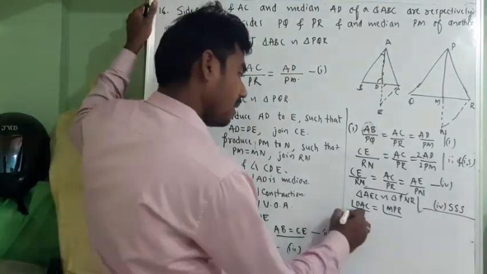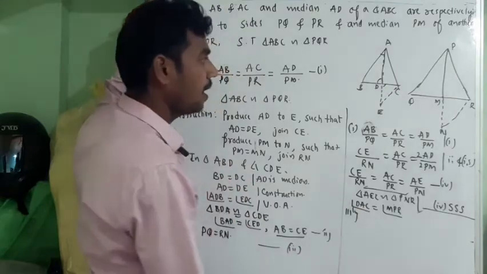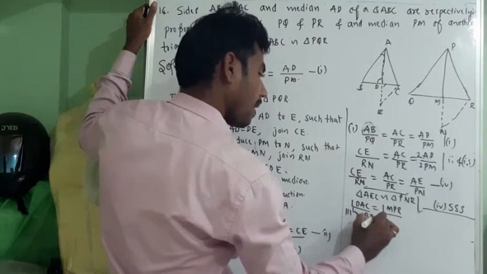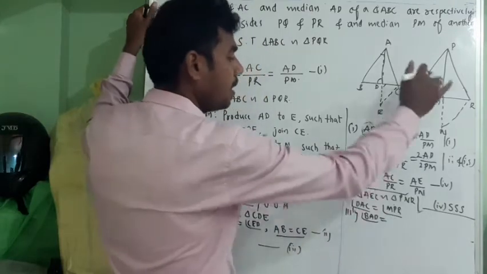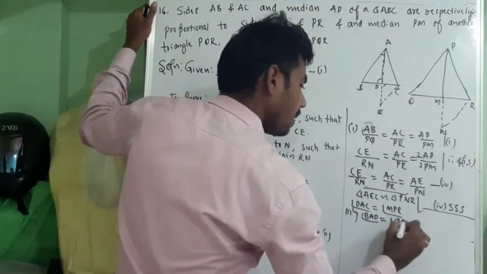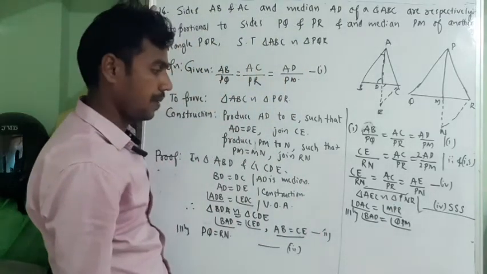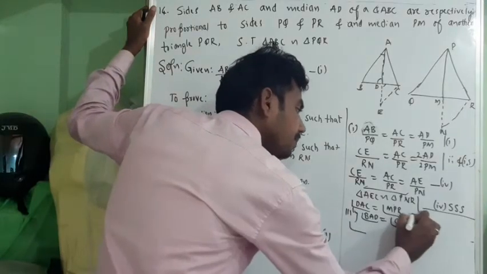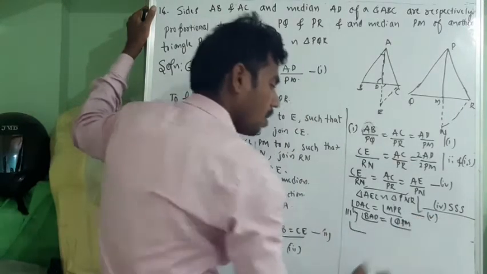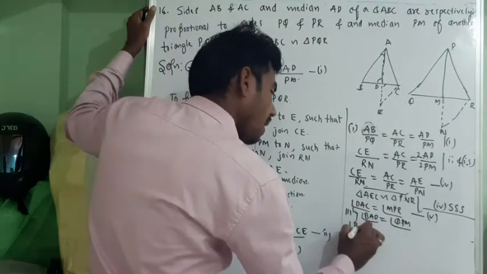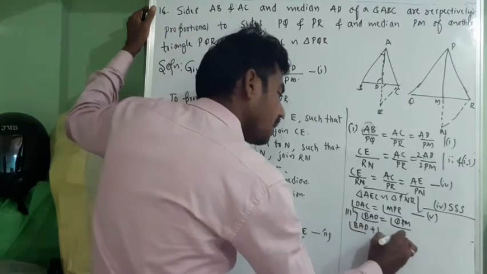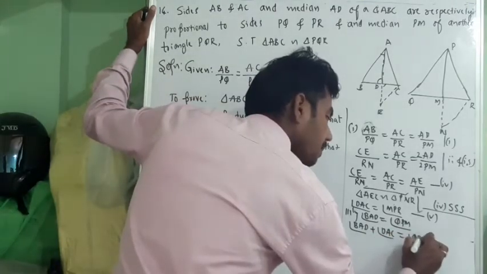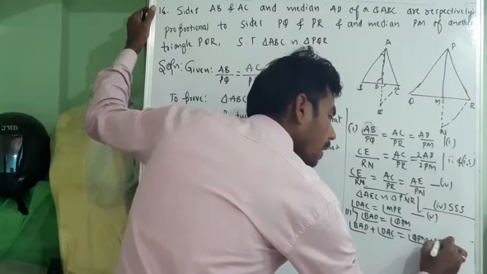Next, similarly, what I can show? Angle BAD is equal to angle QPM. I will call it equation 5. Angle BAD plus DAC is equal to angle QPM plus MPR.